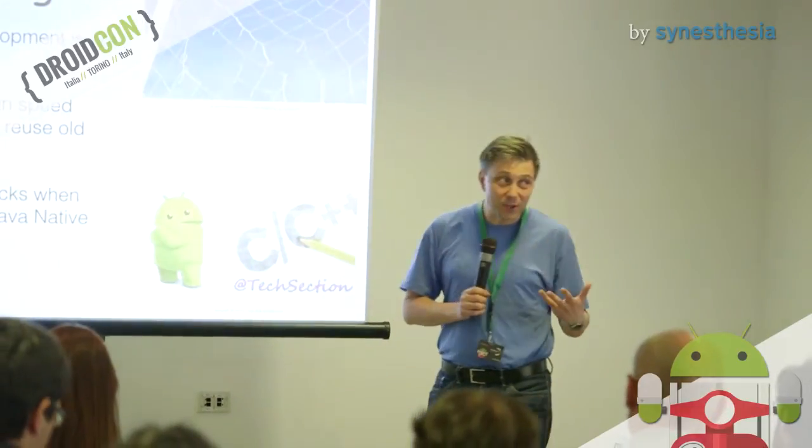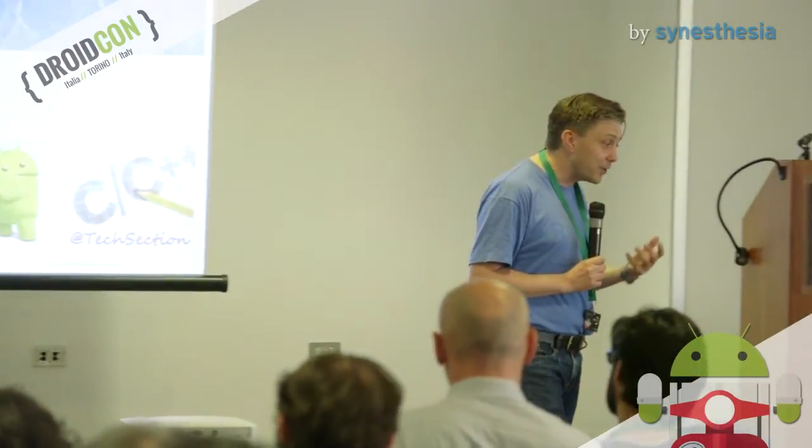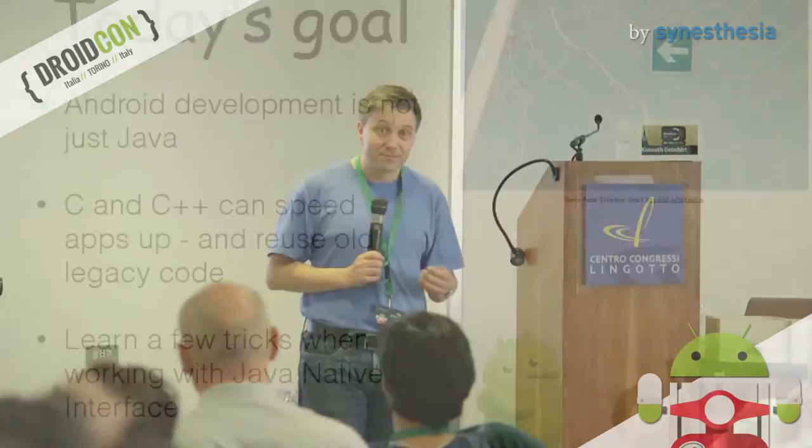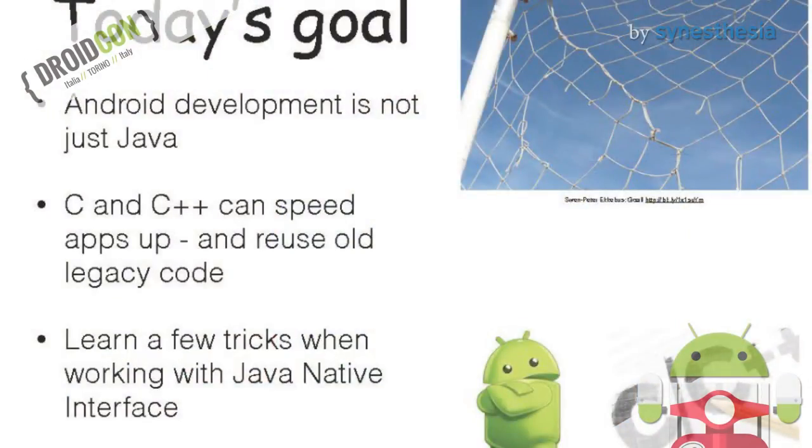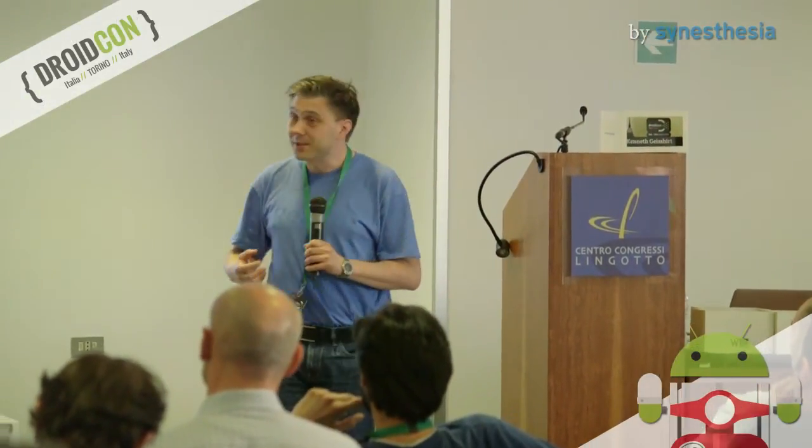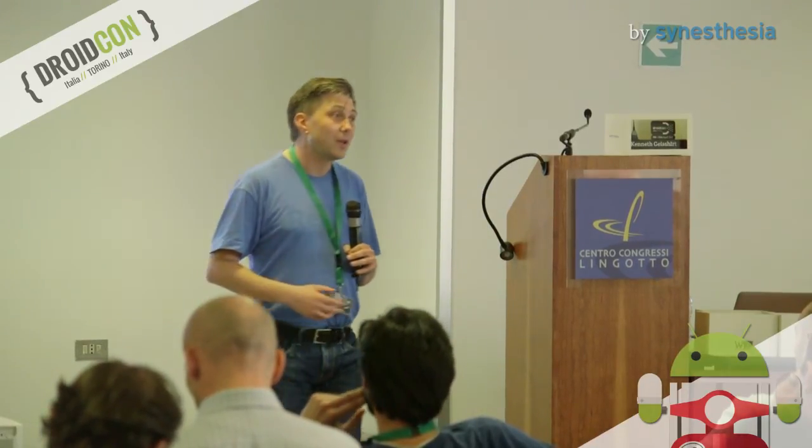What I will try to cover is that when you go home, you should think that Android development is not just in Java, and you're so eager that you want to brush up on your C++ and start working on Android and C++ at the same time. One of the things you can use native code, C++ and C, for is reuse. There's a huge amount of source code out there written in C, especially C, but also in C++, that you can reuse.